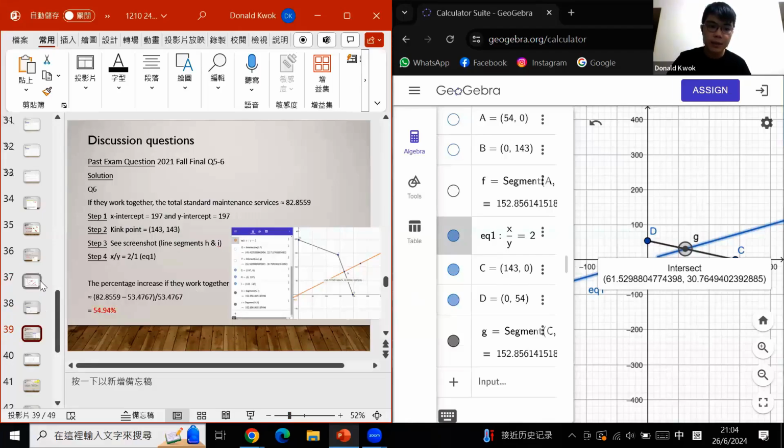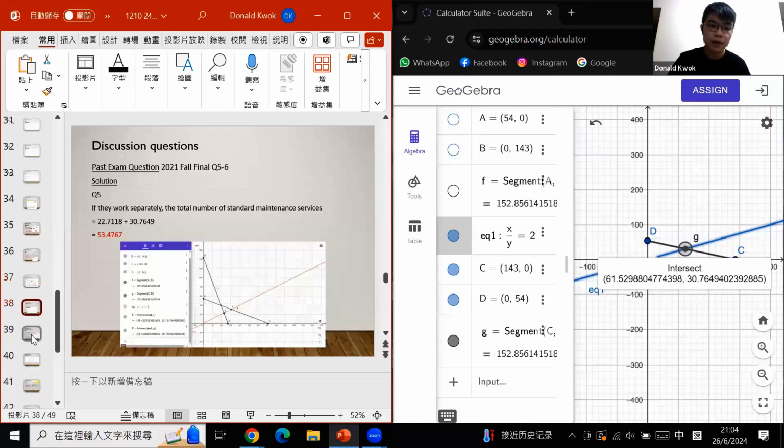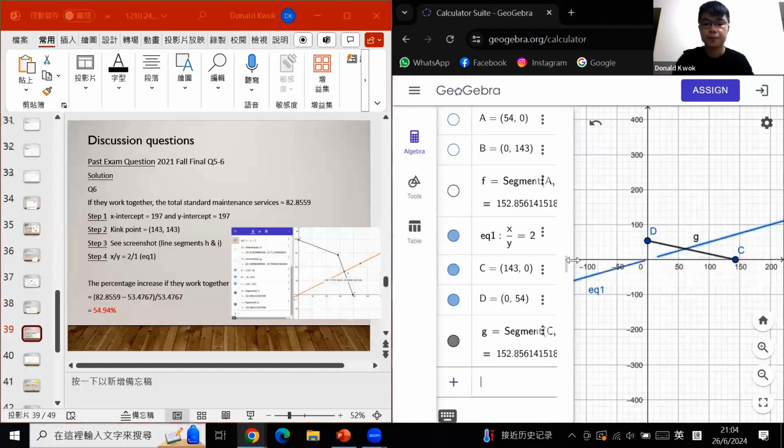The x-intercept simply means that if they only produce brake, what would be the total brake production? So it would be 54 plus 143 as the x-intercept, while the y-intercept simply means what would be the clutch production if they only produce clutch, which is 143 plus 54. Okay, so the x and y-intercepts are both 197.